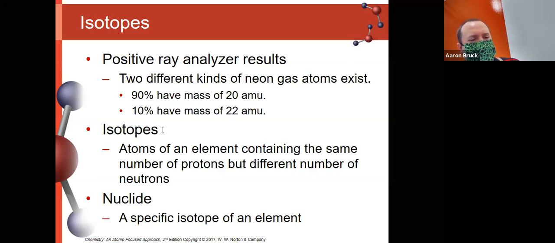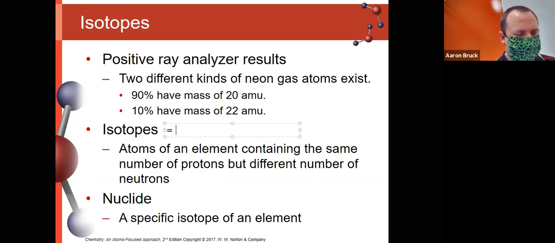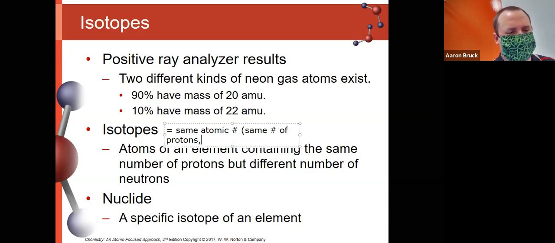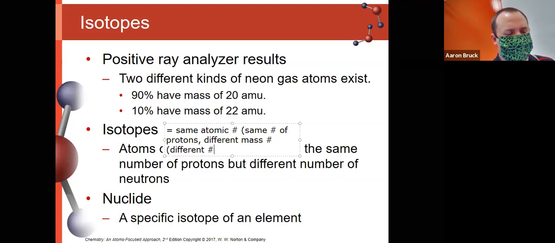By definition, an isotope has the same atomic number, so the same number of protons, but different mass number, different number of neutrons.